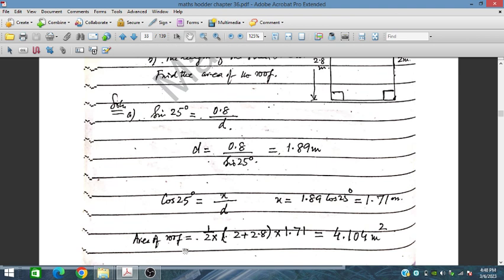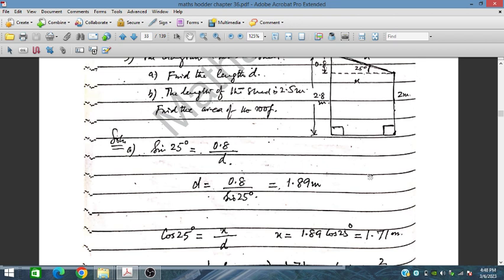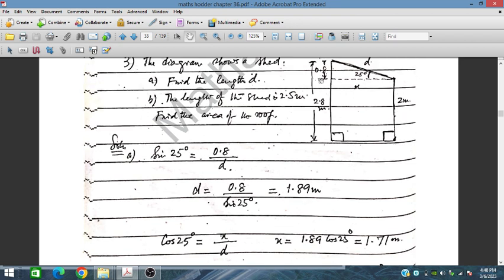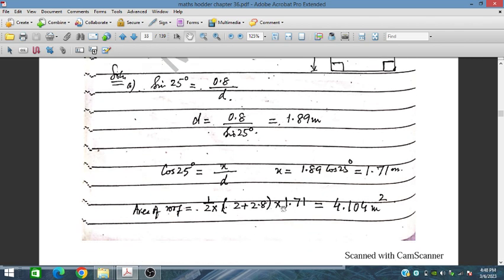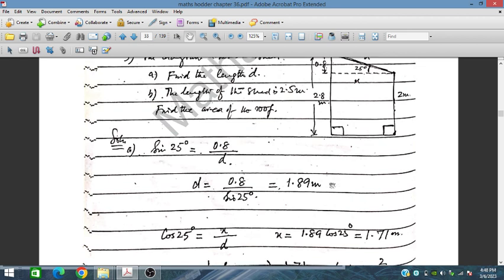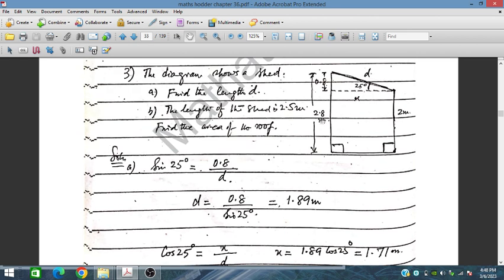Now the area of the roof is half of the sum of the parallel sides, this is 2 and this is 2.8, into 1.71. So this distance is 1.71.